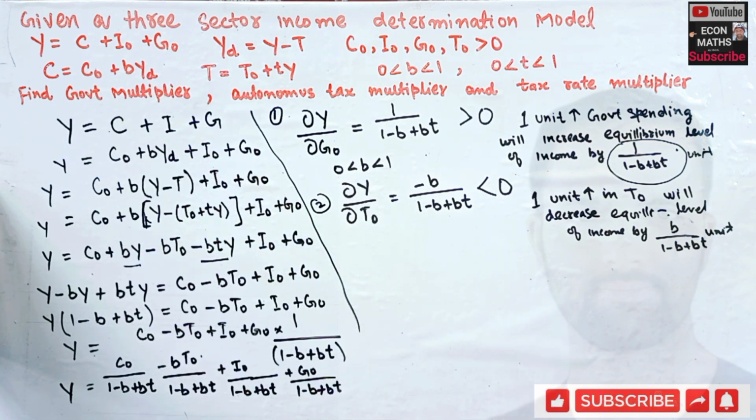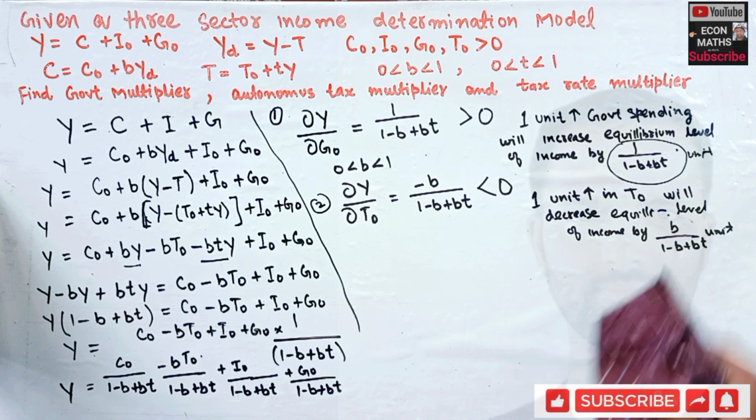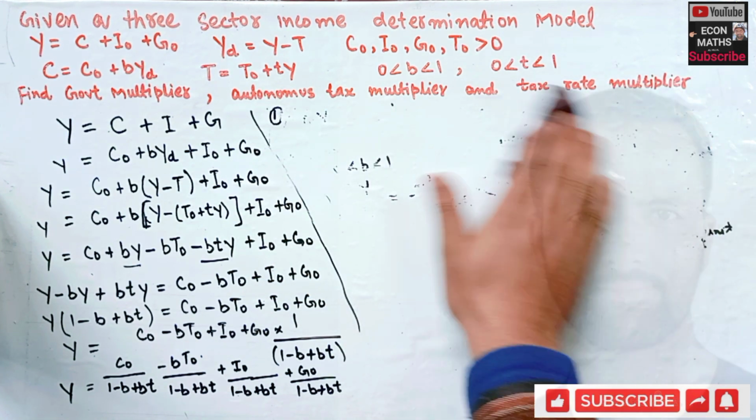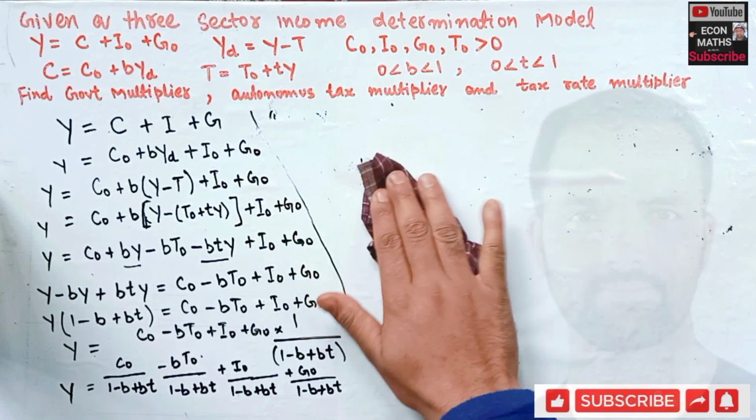Now we need to find the tax rate multiplier, that is, take the derivative with respect to the tax rate. For that, let me rub these two because it will take space.